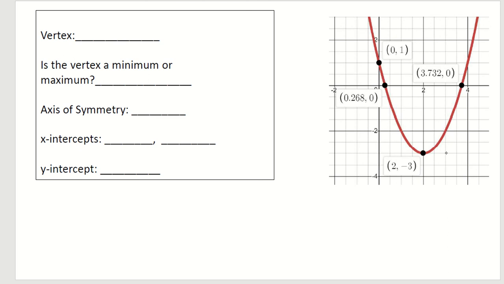In this case, the vertex is a minimum, or the lowest point on the parabola, and the actual coordinate of the vertex is (2, -3). In this case, the vertex is a minimum because our parabola opens upwards.